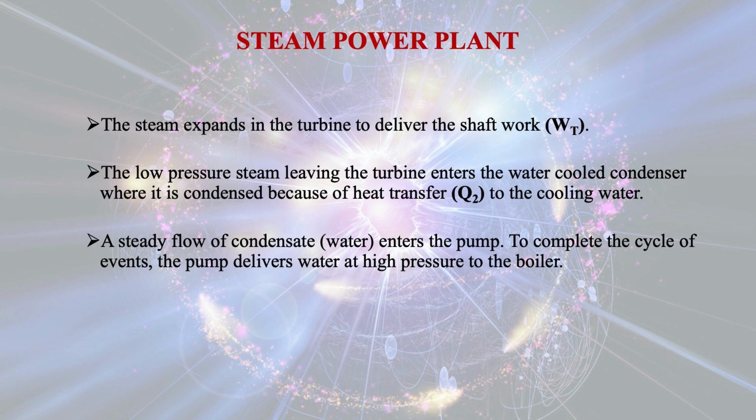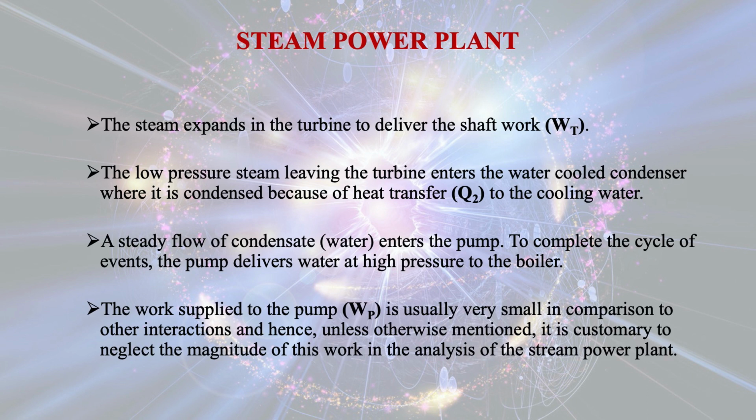The pump delivers water at high pressure to the boiler. The work supplied to the pump WP is usually very small in comparison to other interactions, and hence, unless otherwise mentioned, it is customary to neglect the magnitude of this work in the analysis of the steam power plant.